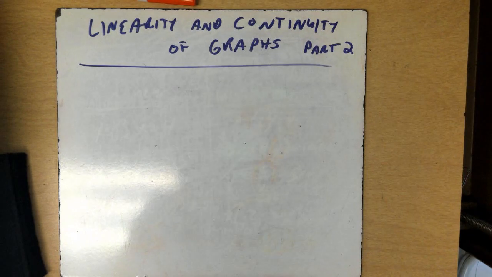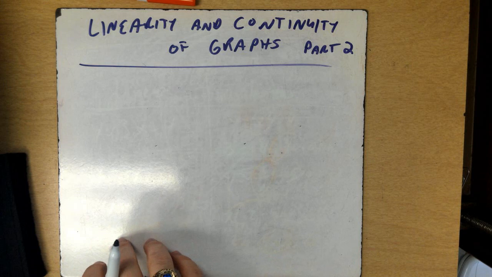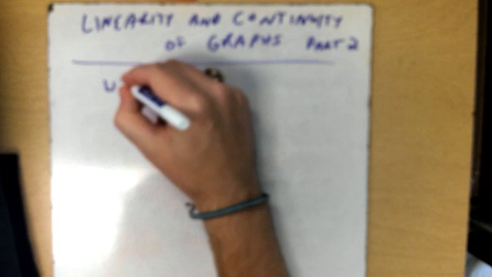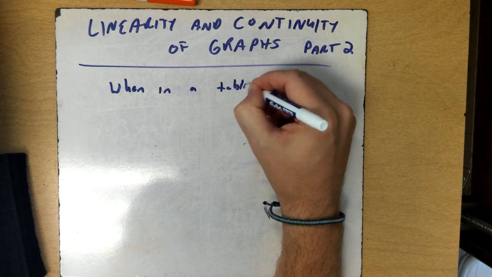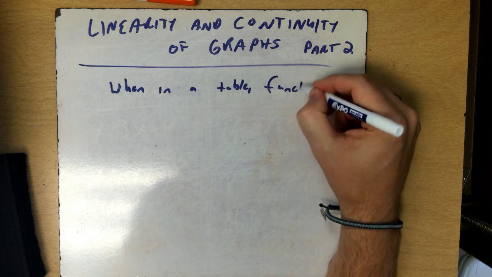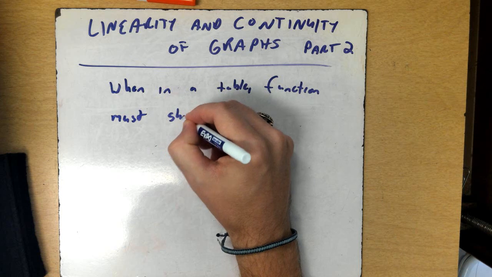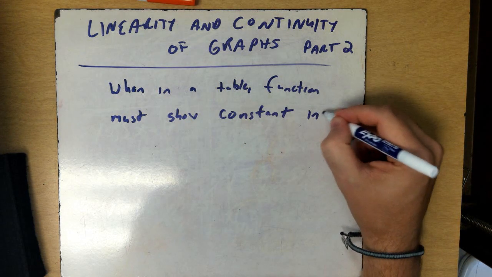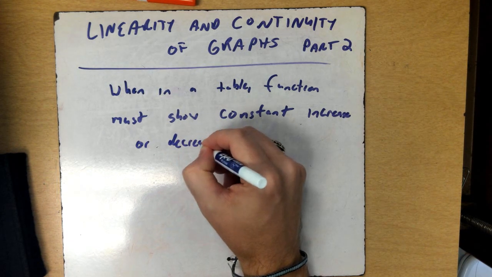So when you're looking at a table, linear functions must show a constant increase or decrease. I'll write that out for you. When in a table, a function must show a constant increase or decrease.